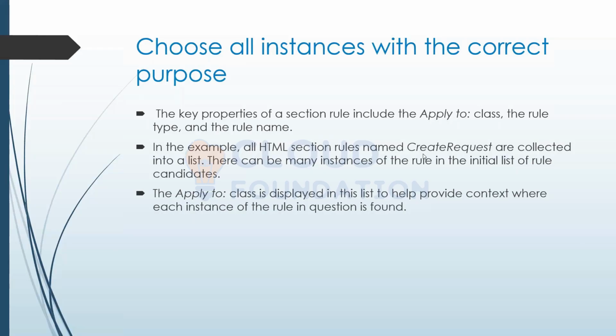Now I would like to understand how the system is going to give me the appropriate, the correct rule instance. We are going to consider a section rule called create request, and we will see how we would end up with a particular outcome for this algorithm.